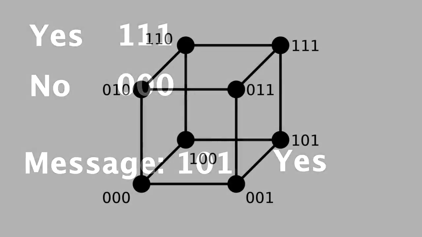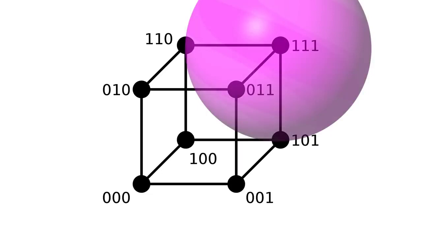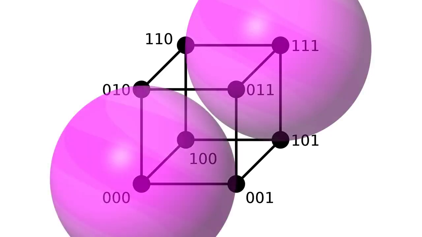Well, we can think of each possible message as a point in 3D space located on the corners of a cube. We'll put a sphere centered at the 111 message and one at the 000 message. If the radius of those spheres matches the length of the cube, then whatever messages they cover will be interpreted as the message at the sphere's center. Like here, the 101 message would be interpreted as the 111 or yes, since that sphere includes both of those corners.